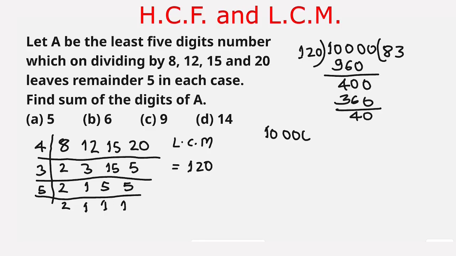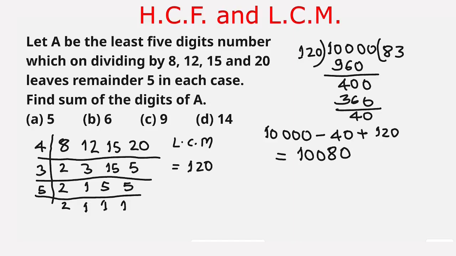Now 10,000 minus 40 plus 120 is the least 5-digit number exactly divisible by 8, 12, 15 and 20. And this is equal to 120 minus 40 is 80 and 10,000 plus 80 is 10,080.